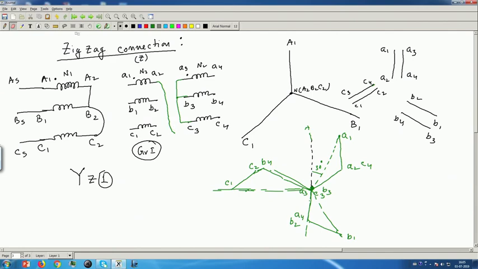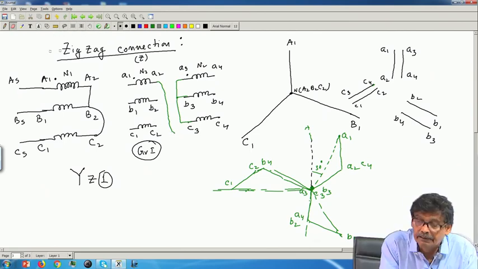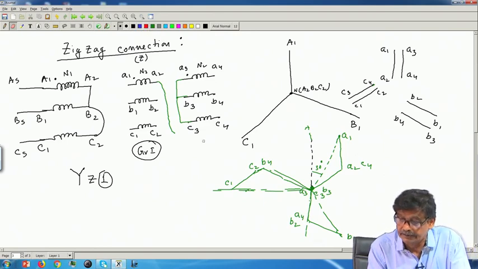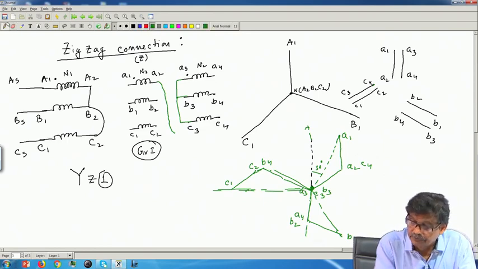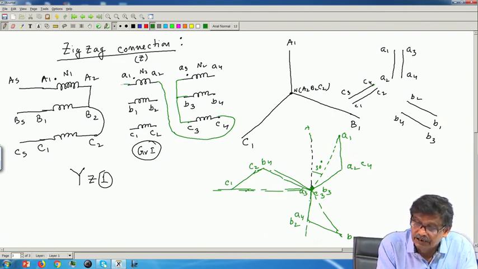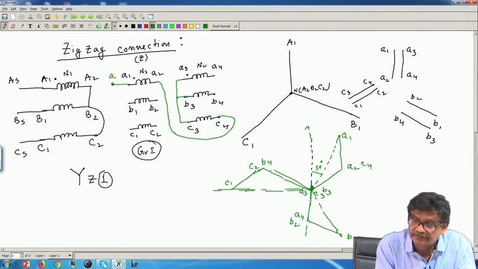Anyway, but it is being recorded. Acha, so this you take a piece of wire and connect here. So, A2 is to be connected with C4, connect it, and this will go to your load A phase.